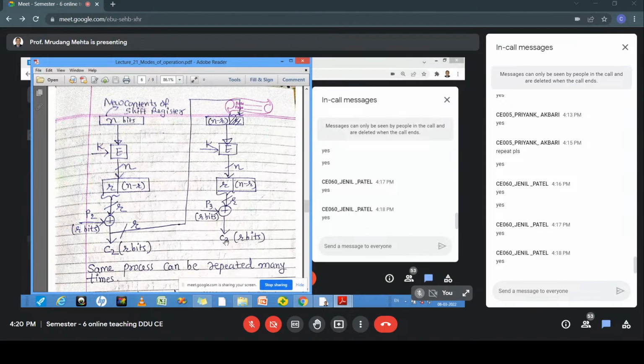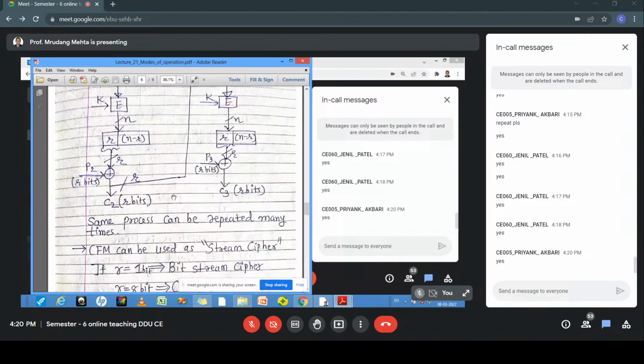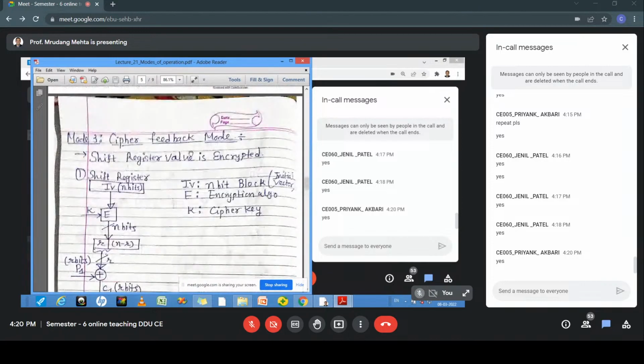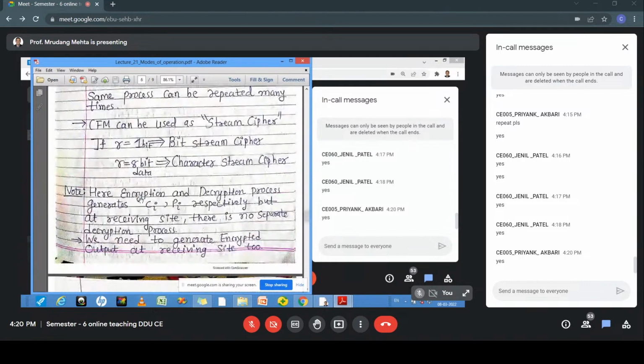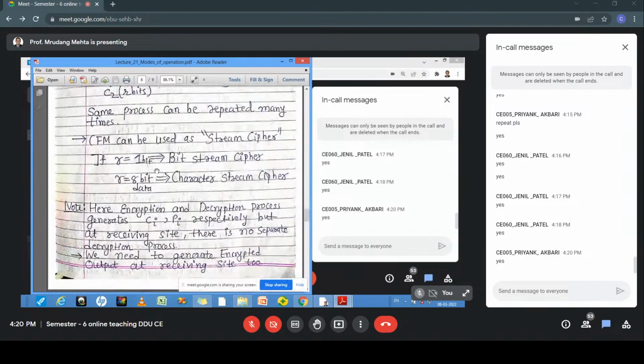Yes, please respond. Okay, so this very important mode, all of you remember, is cipher feedback mode. Now, this mode can also be used as a stream cipher. You understand block cipher and stream cipher, right?